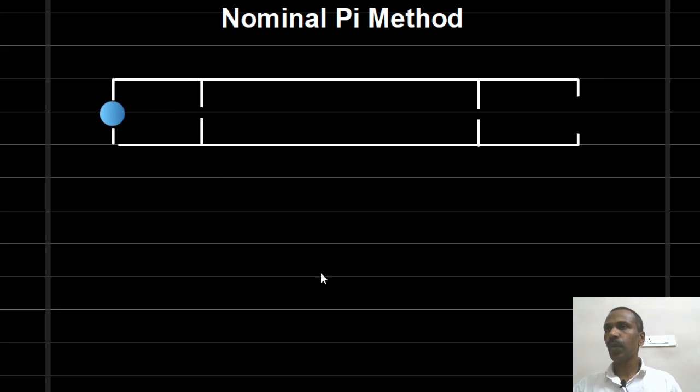This is our source voltage. The resistor and the reactance of the line. This is the capacitance at one end. This is the capacitance at the other end of the line.